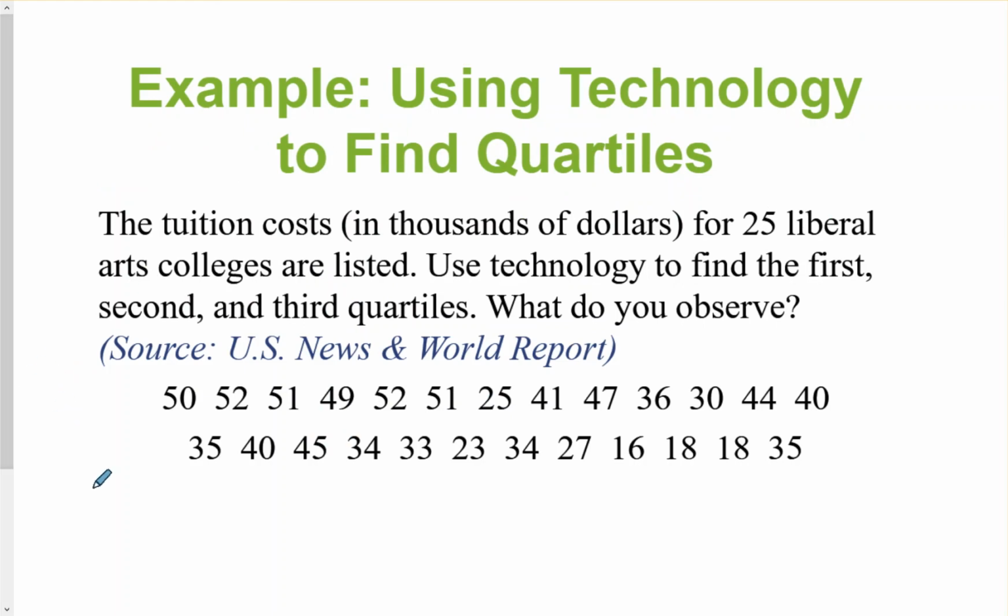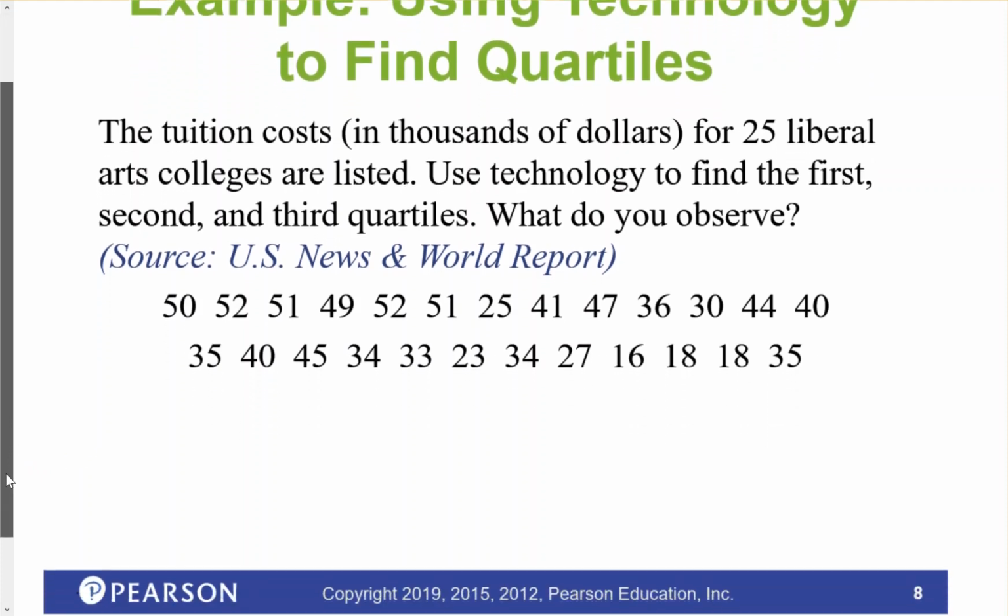Okay, using technology to find quartiles. The tuition costs in thousands of dollars for 25 liberal arts colleges are listed. Use technology to find the first, second, and third quartiles. What do you observe? Okay, so we could easily show this.